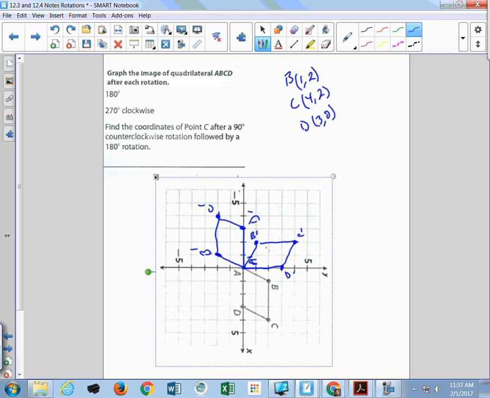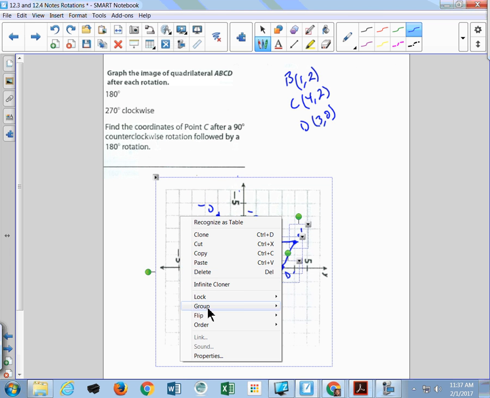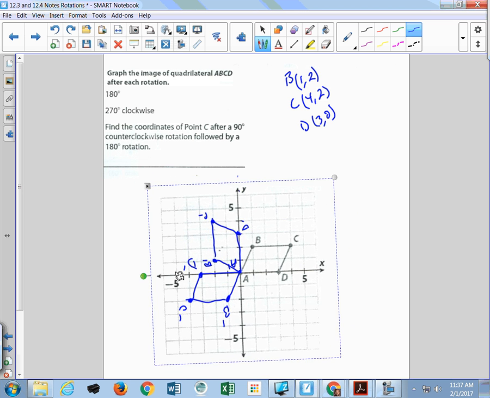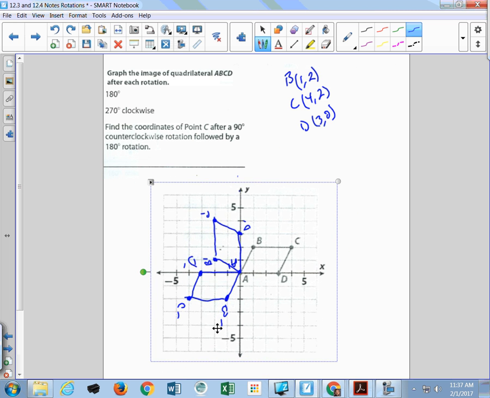Group this together. And now I can turn my paper back to the original direction. Now I have a 180 and a 270 clockwise.